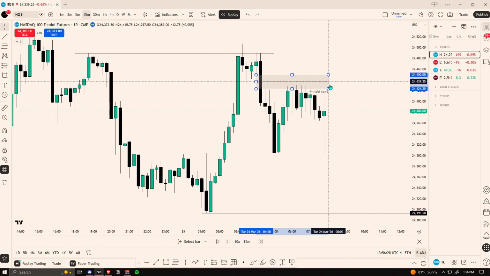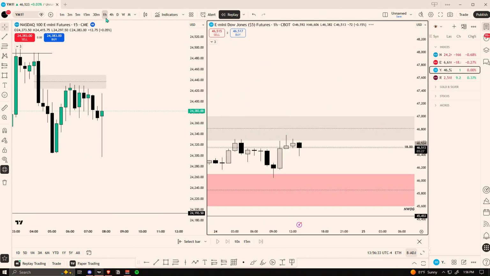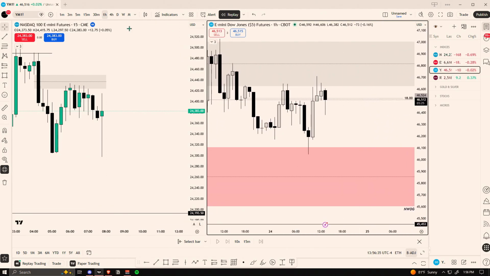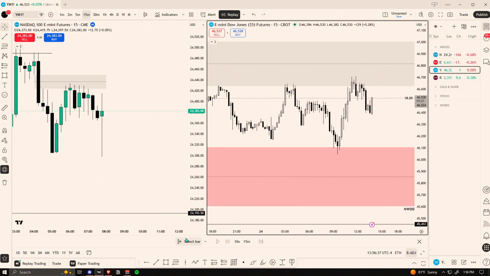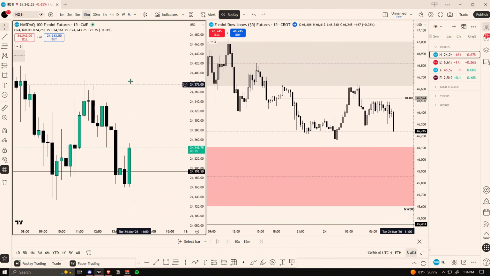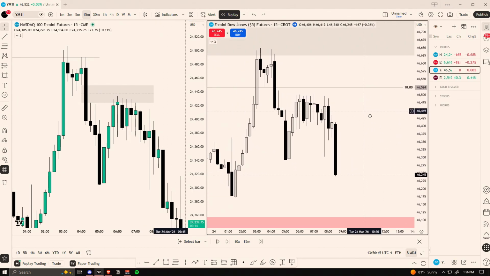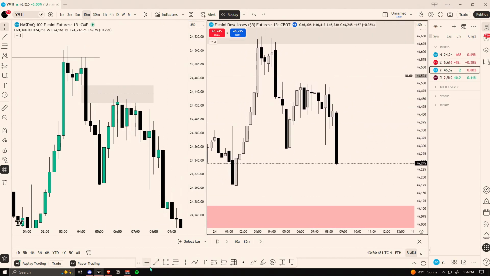So this is the reason why I ended up shorting YM, and it was based off of the fact that this 15-minute gap on YM was never used in the morning session. And I woke up right at like 8:30.